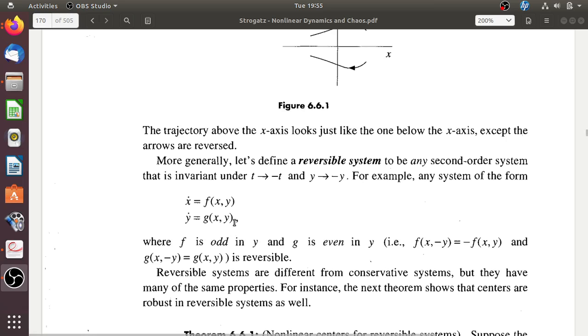For that, what we need is that this function f has to be odd in y, and g has to be even in y. Which means if I change the sign of y in f, it will be minus f of x comma y. At the same time, if I change the sign of y in g, there shouldn't be any change. So here it should be odd and here it should be even. Then I can easily say it's a reversible system. Thank you.